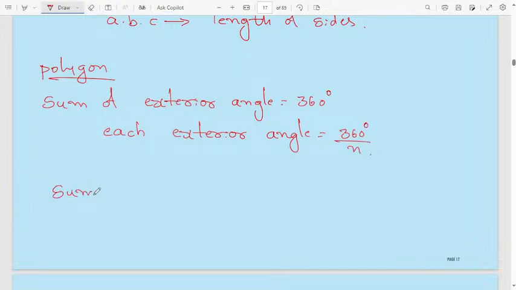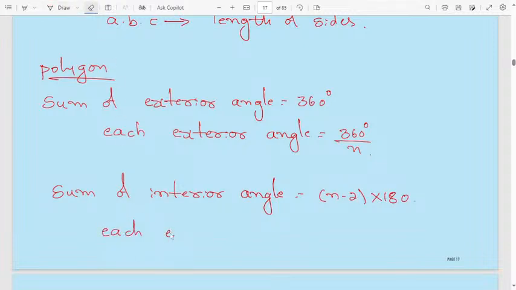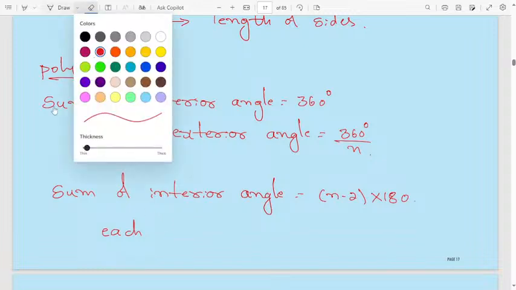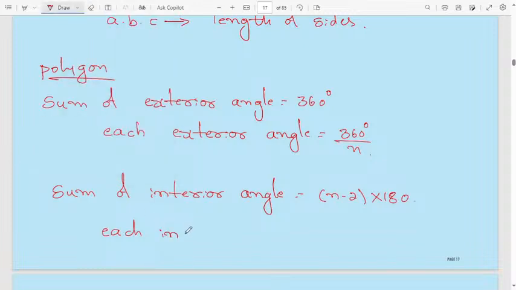Then sum of interior angles is n minus 2 into 180. Then each interior angle is n minus 2 by n into 180 degrees.